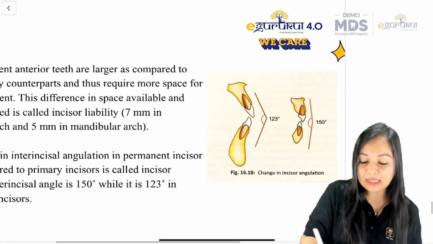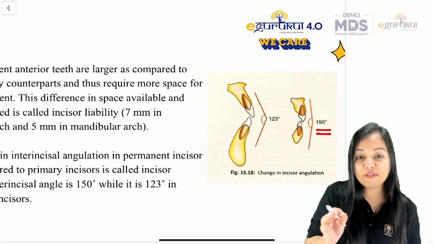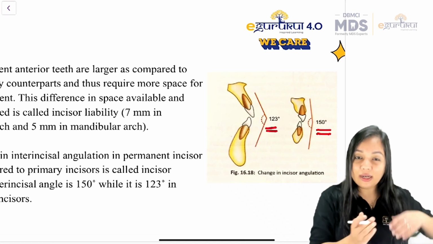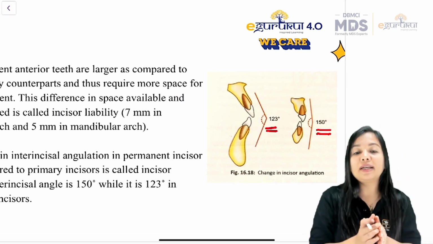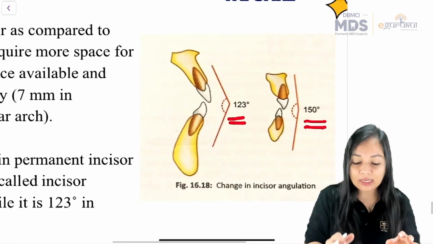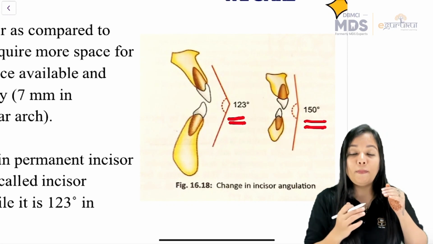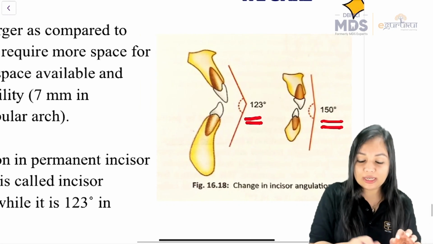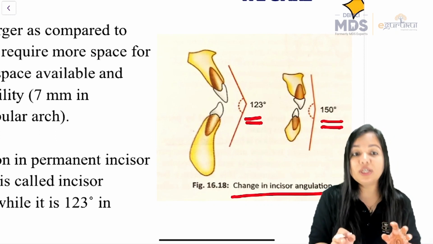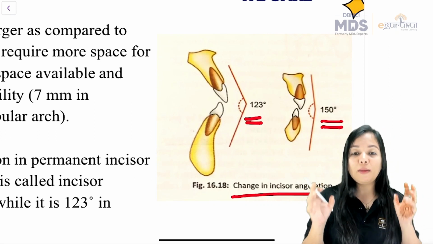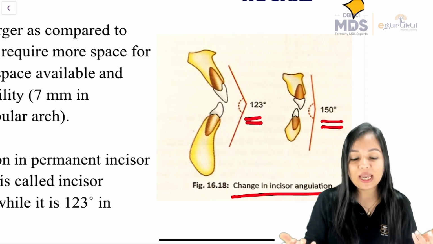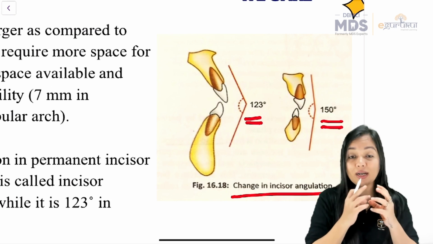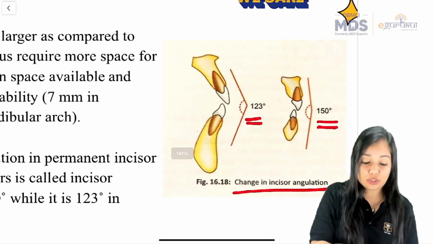The primary teeth are inclined at an angle of 150 degrees, and when the permanent incisors come, they are a little proclined and inclined at an angle of 123 degrees, and that buys them a little more space to accommodate in the arch. So there is a change in the incisor angulation, plus there is using up of the physiological spaces, and that is how the incisal liability is met and the incisors are accommodated in the arch.